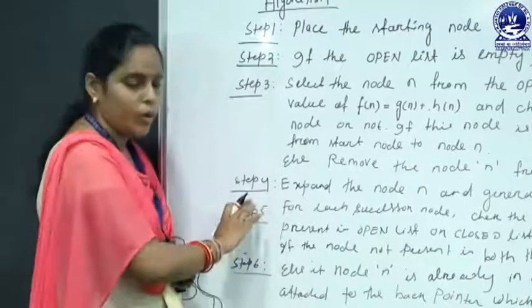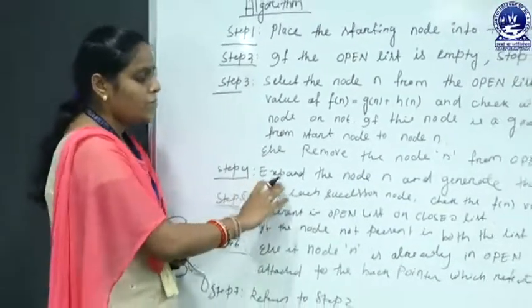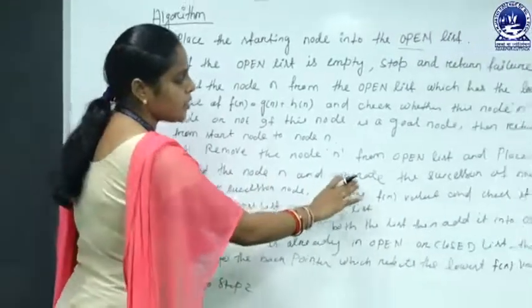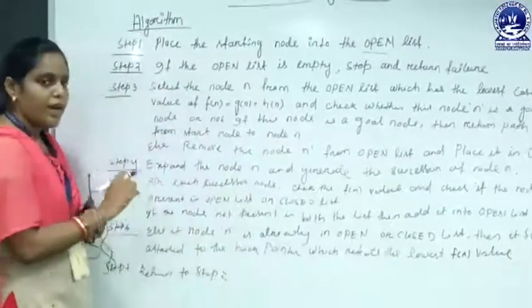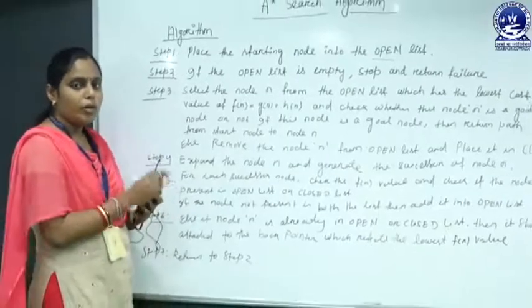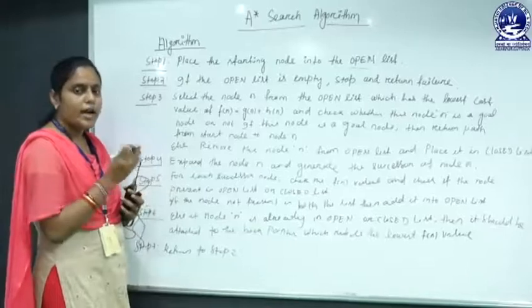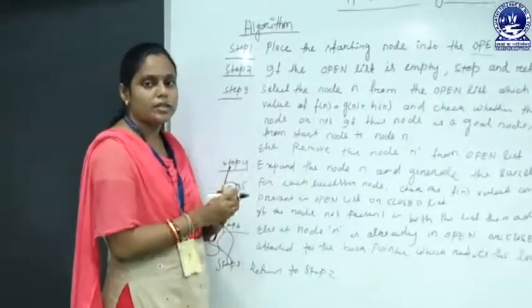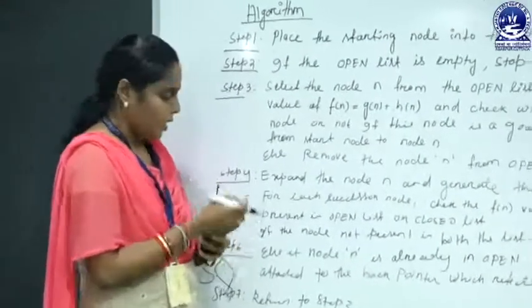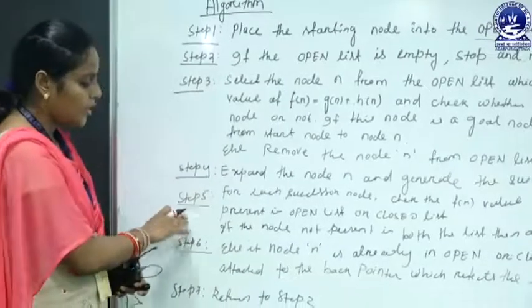Next, step 4. In step 4, expand the node n and generate the successors of node n. That means the node which was removed from the open list and placed in the closed list is expanded and its successors are generated. Then step 5.